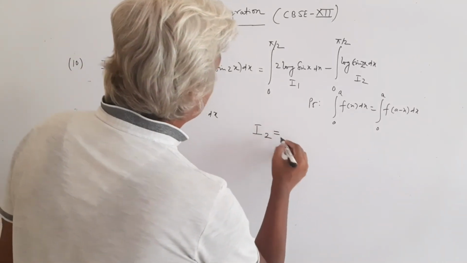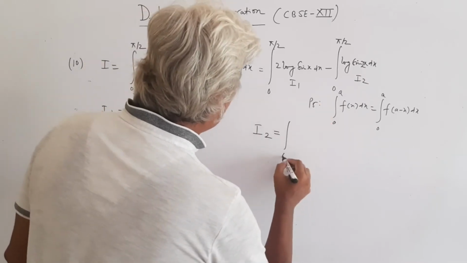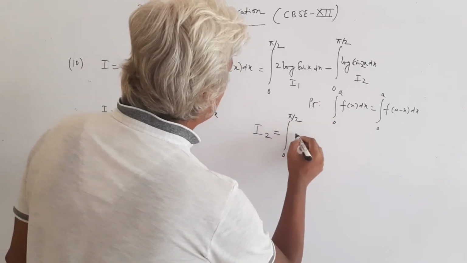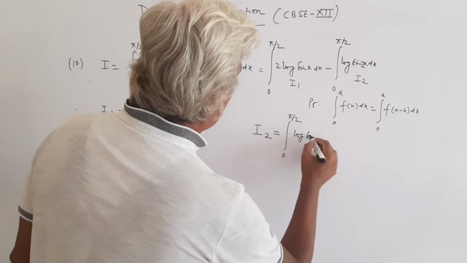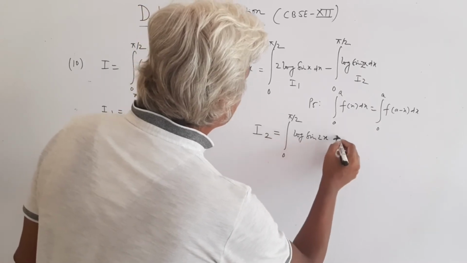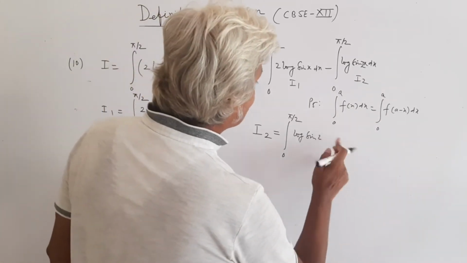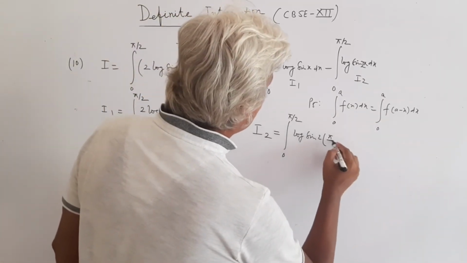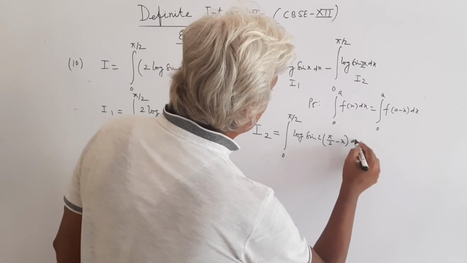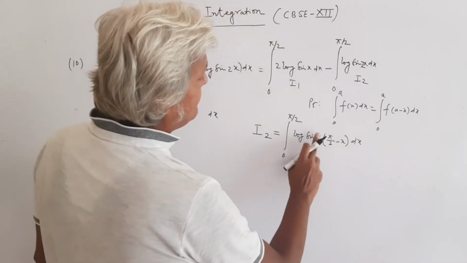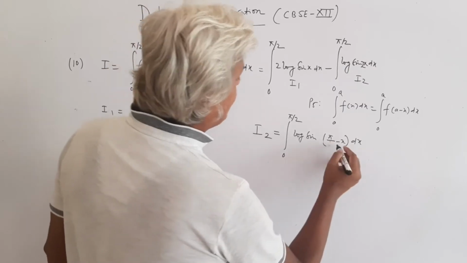So I2 is integral from 0 to pi by 2 of log sin 2x dx. Now I apply the same formula here. So at the place of x, I will write pi by 2 minus x. Now 2 dot pi by 2, this becomes pi, and this becomes 2x.